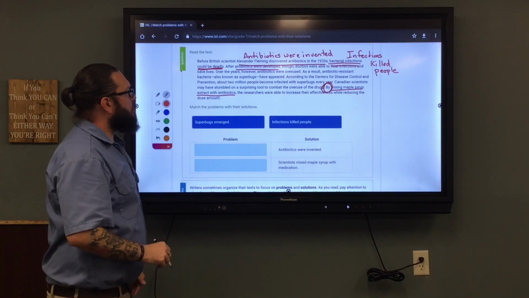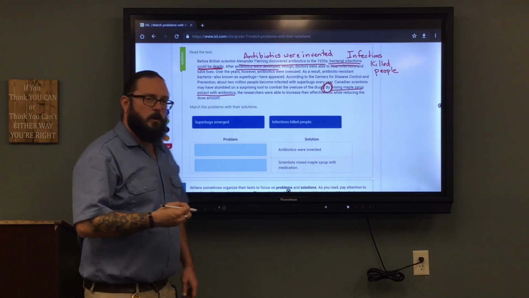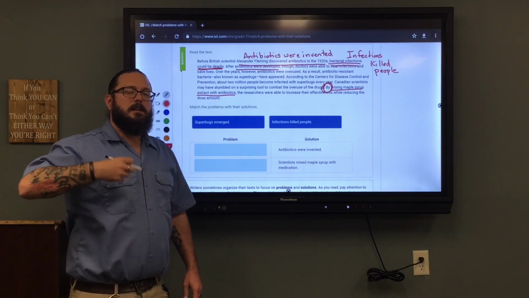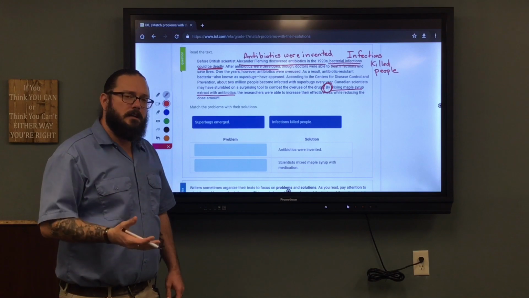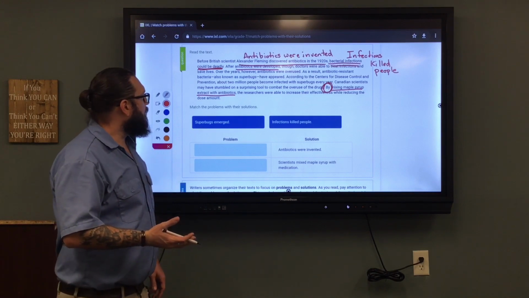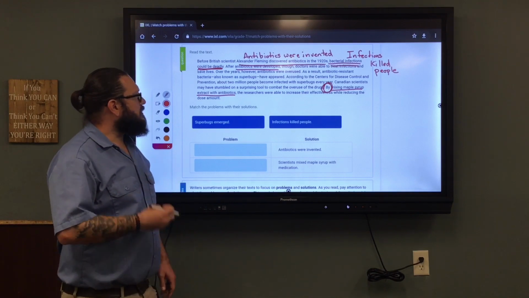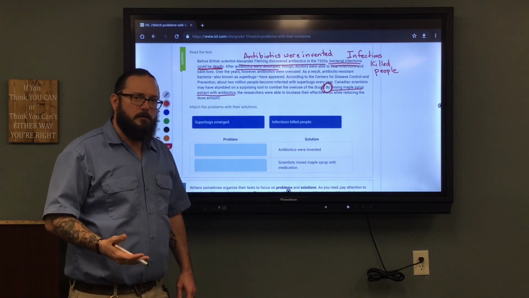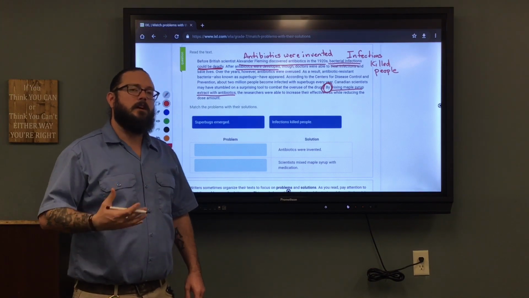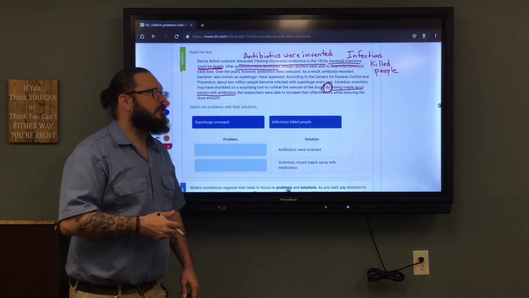Okay, so the superbugs, of course, were an effect of the overuse of antibiotics. Since the superbugs emerged, that was a problem, because these antibiotics were not killing the superbugs.